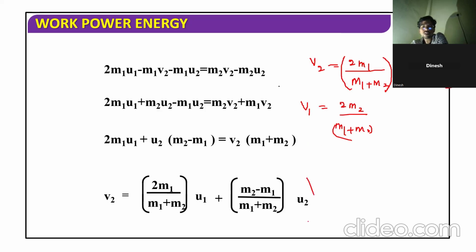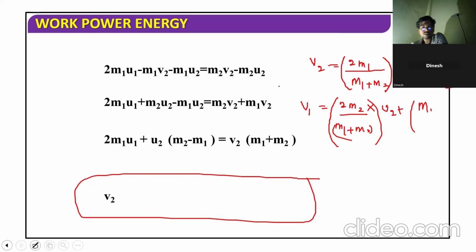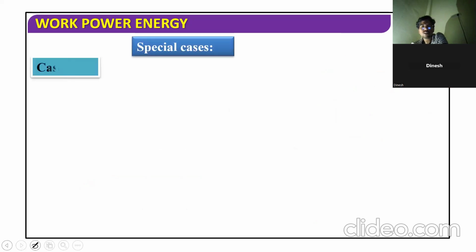But V1 is very easy: replace m1 with m2 and u1 with u2. Sir, will we use this to answer the numerical questions? I will say to you, better no need to remember this. Just apply conservation of momentum, you will get it.